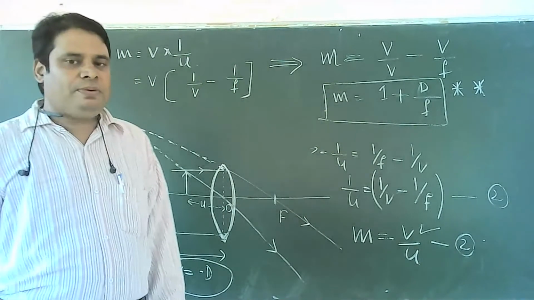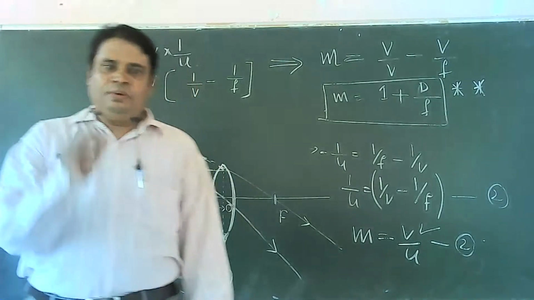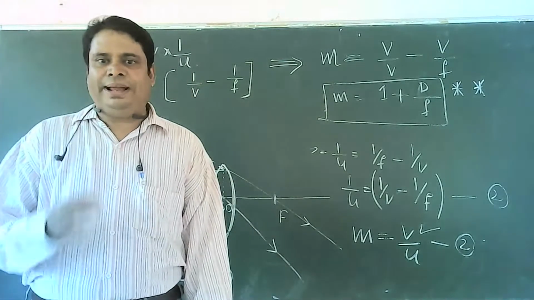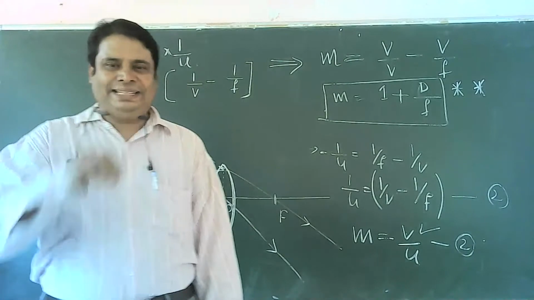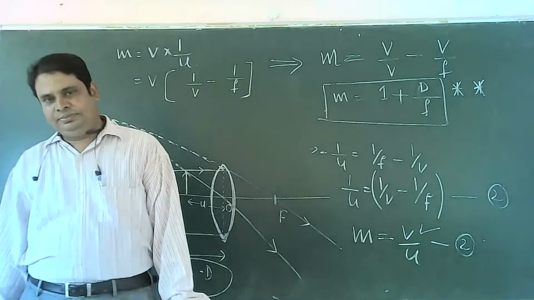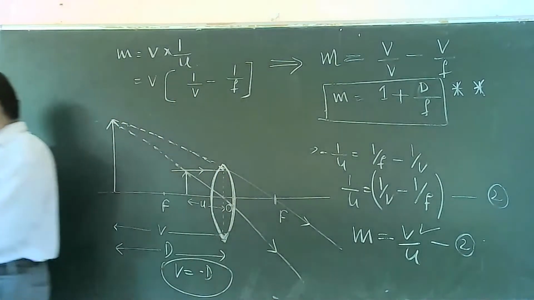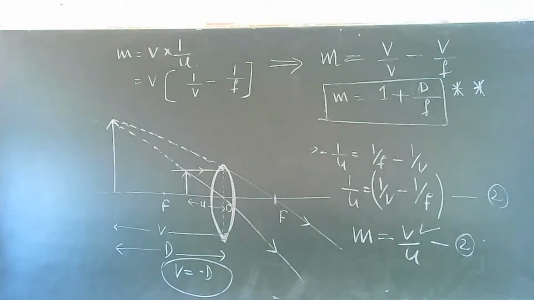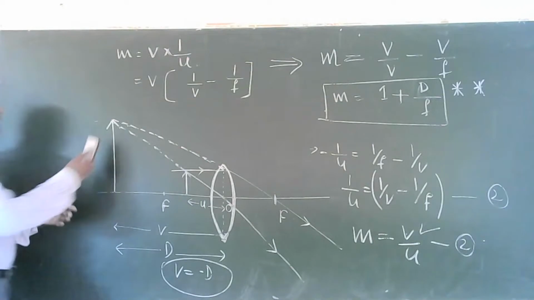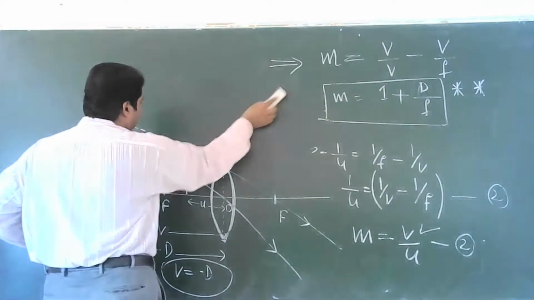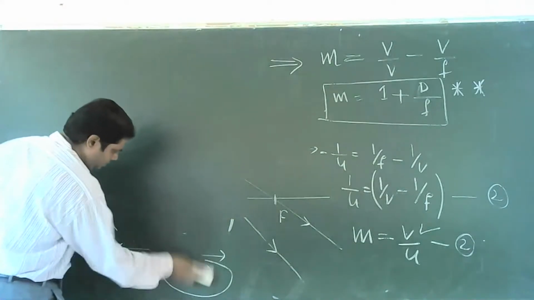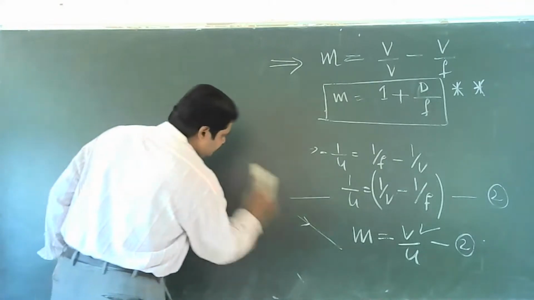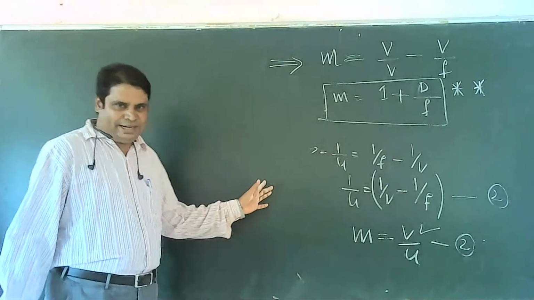Write the magnification in case of simple microscope when our image is formed at near point or least distance of distinct vision. Okay, next. We have done this, correct?